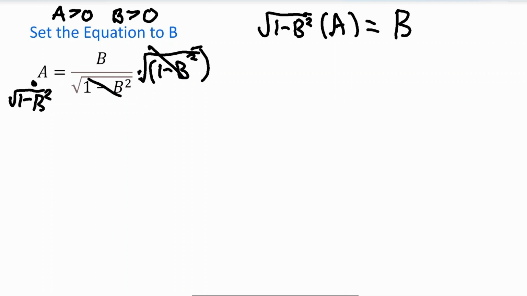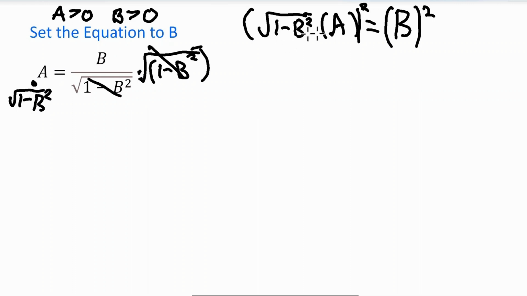Okay? You may think we already have a b here, but notice there's a b there too. So we need to get all the b's together on one side by itself. So this is not yet correct. Now what do we do next? Well, how do we get rid of a square root? You square it. So let's square both sides.